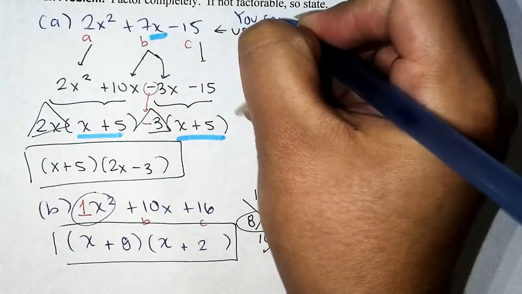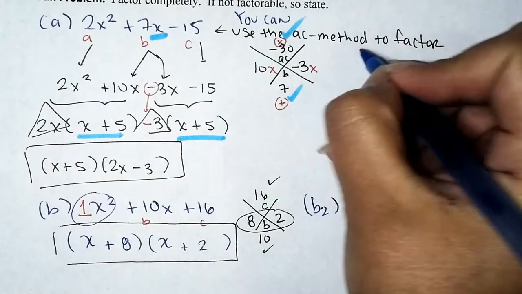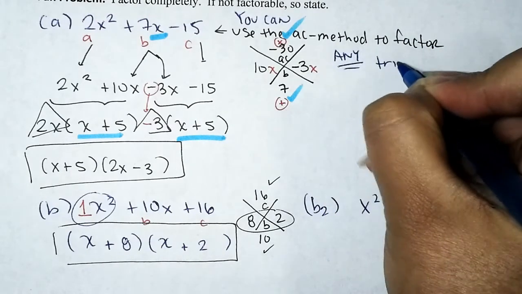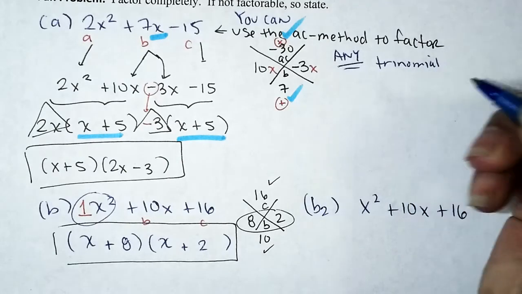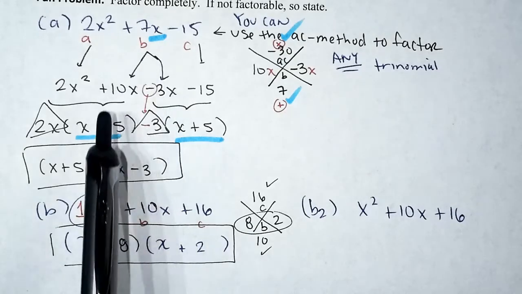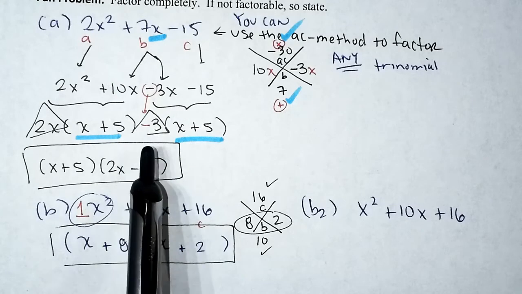Again, the gist of the AC method is split the middle term so you can have 4 terms, so you can then factor by grouping.